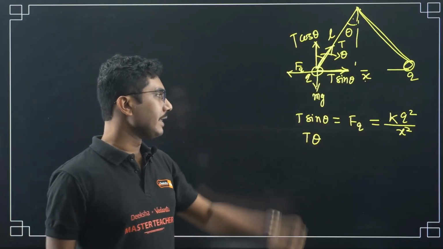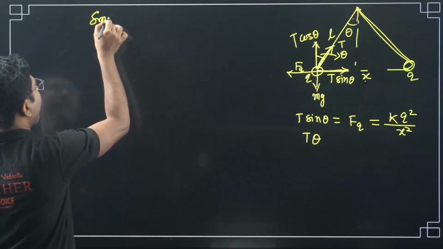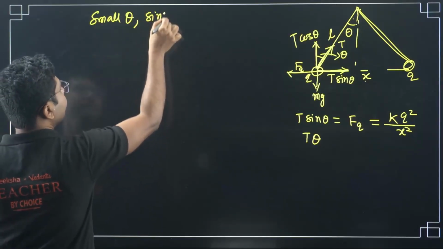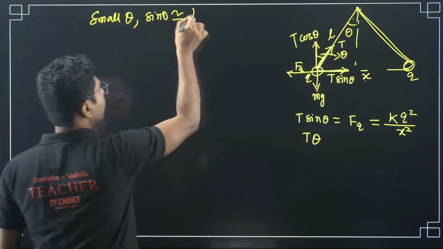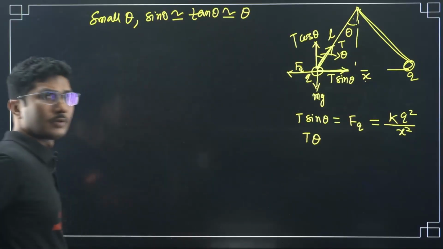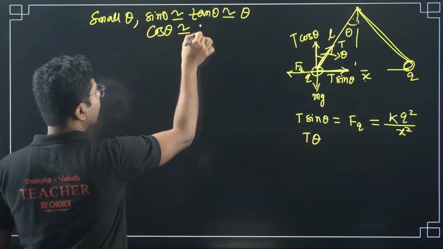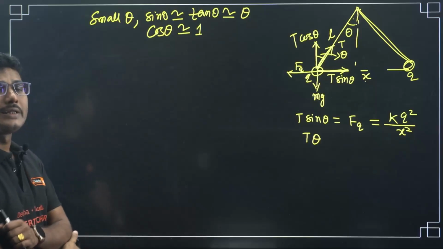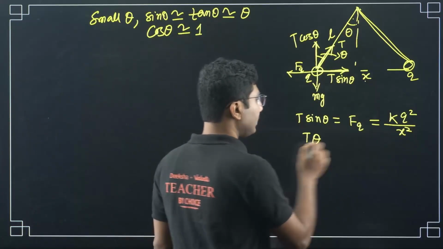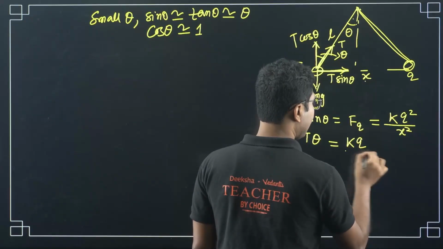If theta is in radians, then for small theta, sin theta is nearly equal to tan theta, nearly equal to theta, and cos theta is nearly equal to 1, provided theta is in radians. So T theta is equal to K q square by x square.